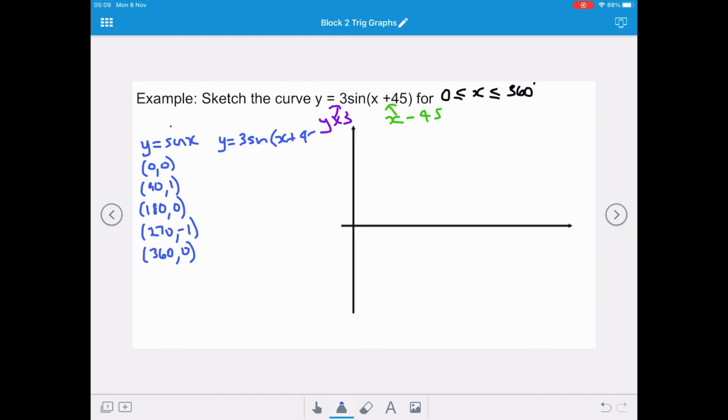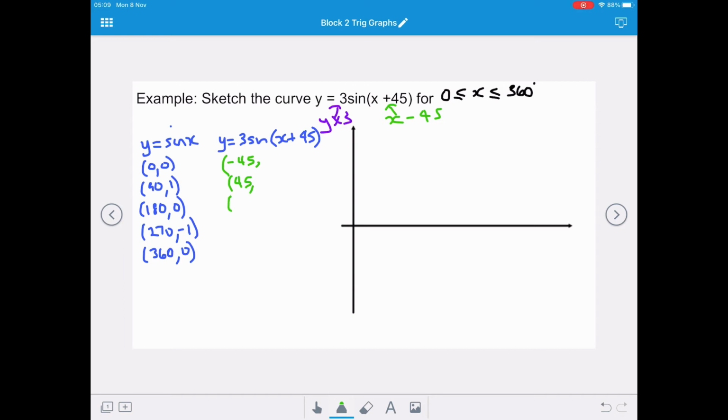The first thing we're going to do is look at our x coordinates, and in order to solve for these x coordinates, we're going to have to subtract 45 from each of our coordinates. So that's going to give us negative 45 for our first coordinate. We're going to get 90 minus 45 is 45 for the second coordinate.